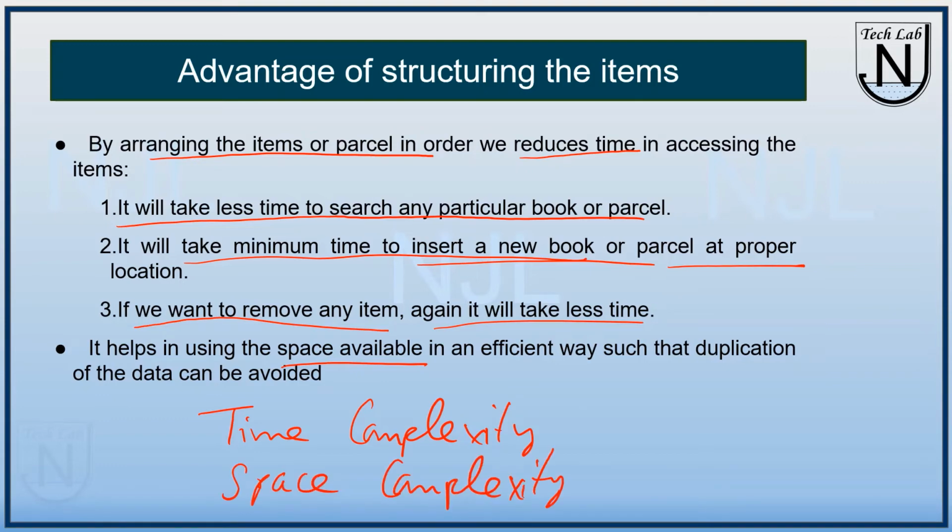By arranging our data or our objects in proper order, we are going to reduce these two things: time complexity, so that it will take less time to process the thing, and space, so that it will take less space.